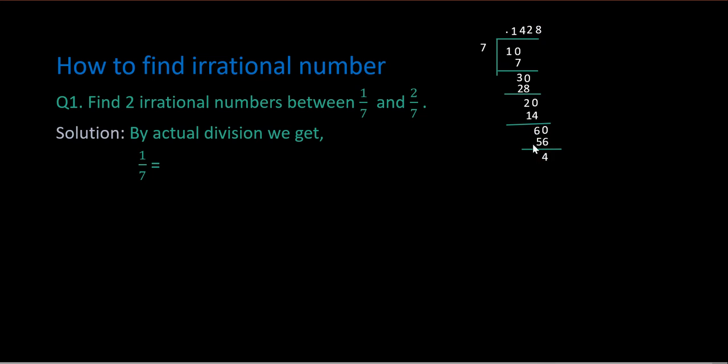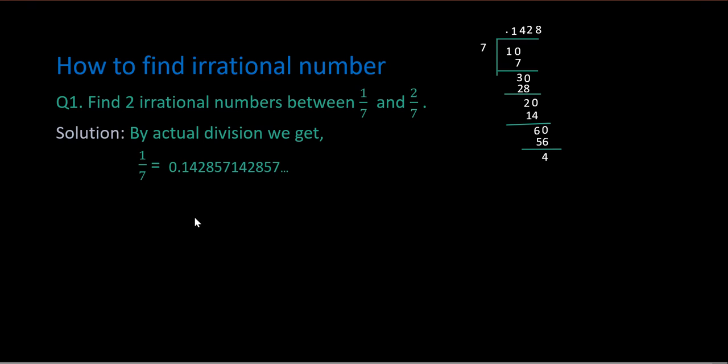So as we know that 1 by 7 is a non-terminating decimal, it will go on till infinity. That means we can write 1 by 7 equal to 0.142857 and so on.